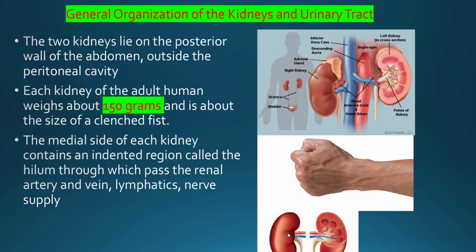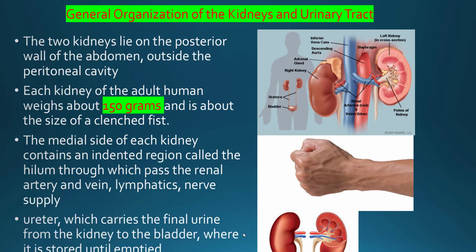The medial side of the kidney contains an indented region called the hilum, through which pass the renal artery and vein. Lymphatics, nerve supply and the ureter also leave the kidney; the ureter carries the final urine from the kidney to the bladder, where it is stored until emptied. This is the lateral border of the kidney, and this is the medial border.